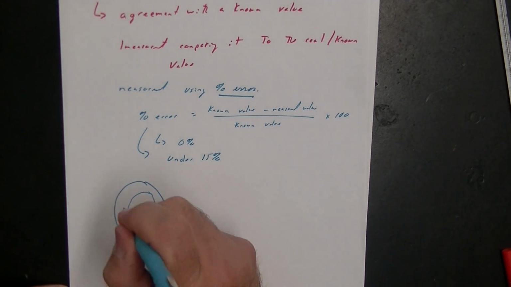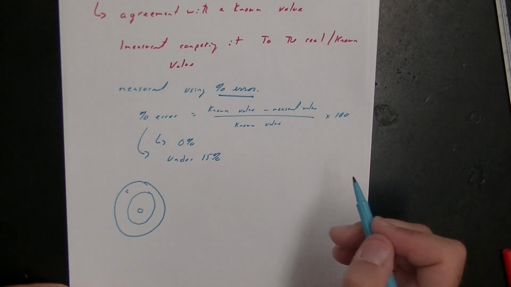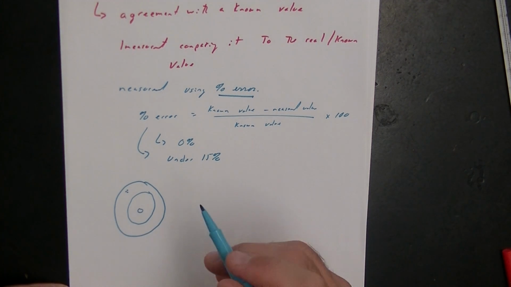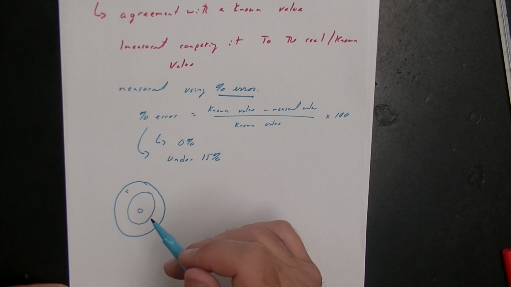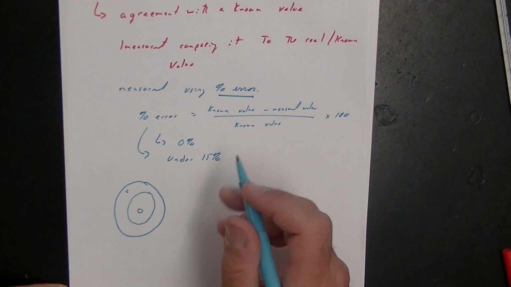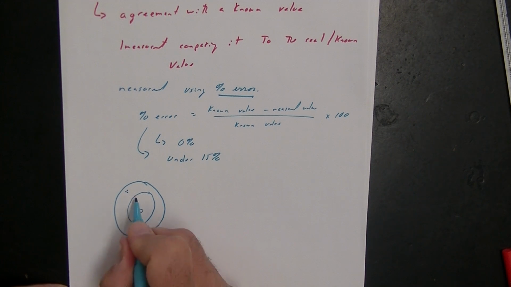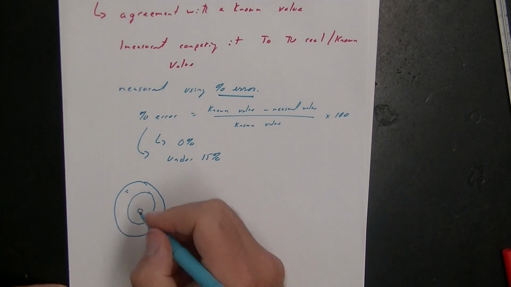And I go, shoo, shoo, shoo. Am I being precise and accurate? Well, if I'm being accurate, I want to be right smack dab in the bullseye because that's the value that I want. So I'm not being accurate.